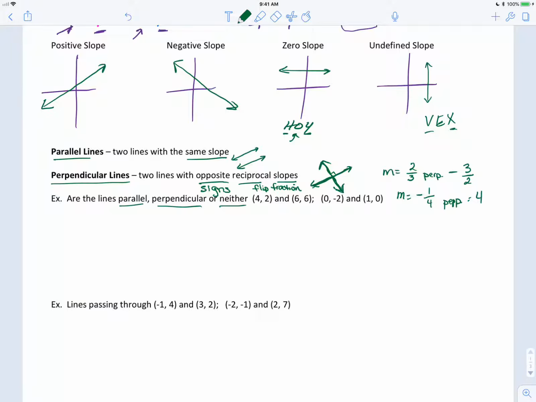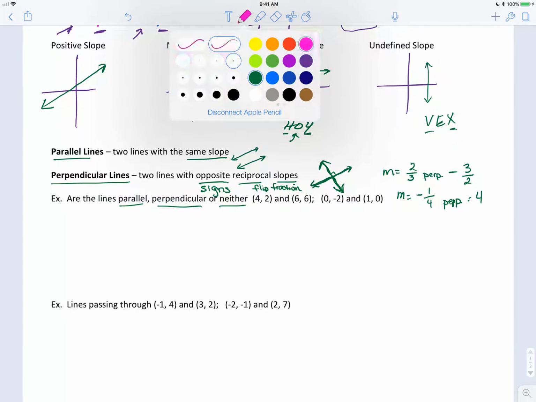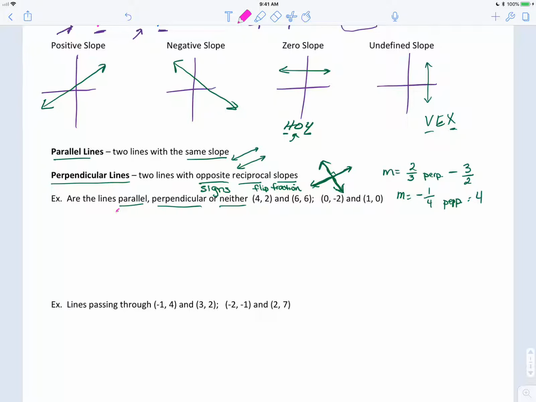If I say parallel, you say same slope. If I say perpendicular, you say opposite reciprocal slopes. We might do that a few times just so that we remember it. Parallel lines, always think same slope. Perpendicular, always think opposite reciprocal slopes. And then neither is neither.